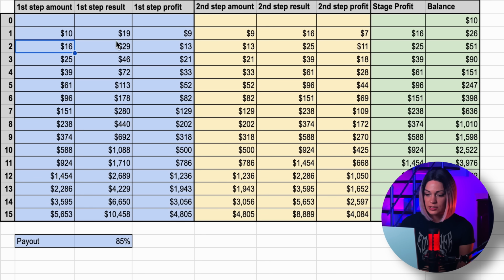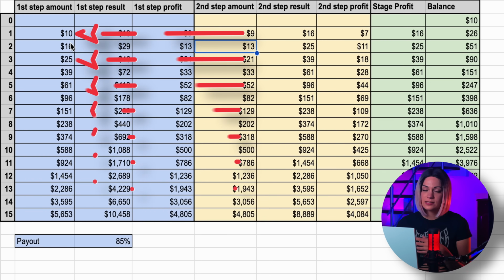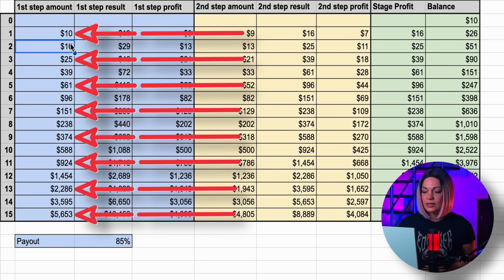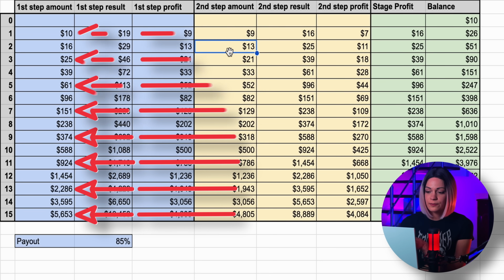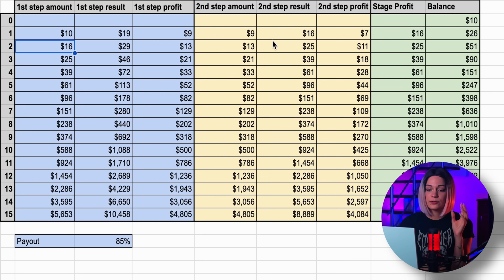In this case, you see that if we are losing deals from the first step, they are getting us back a whole stage back. If we're losing the second step, it just gets us one step back. Basically, losing the money from the second step, you're going to go back to first step. If you're losing from the first step, you're going a whole stage back.